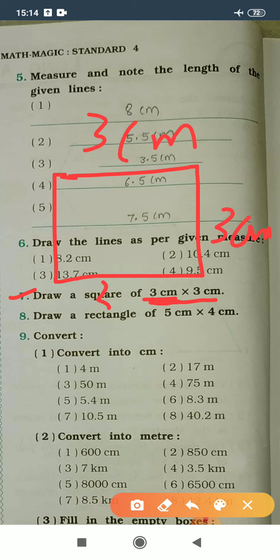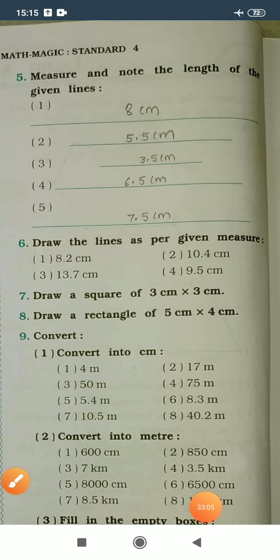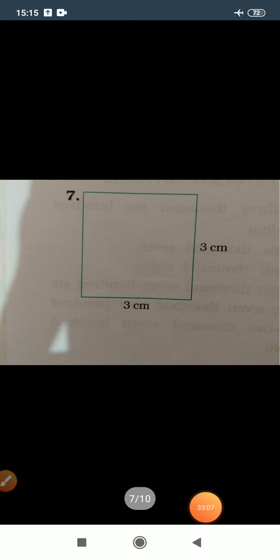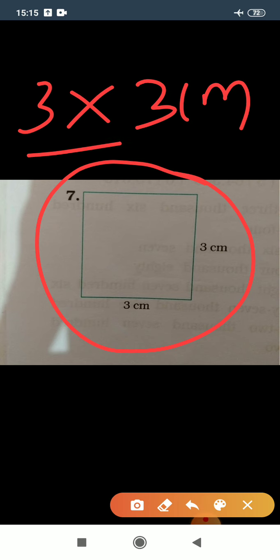The 4 sides of the square need to be the same, that means 3 centimeters. You can see here the square of 3 centimeters multiplied by 3 centimeters.